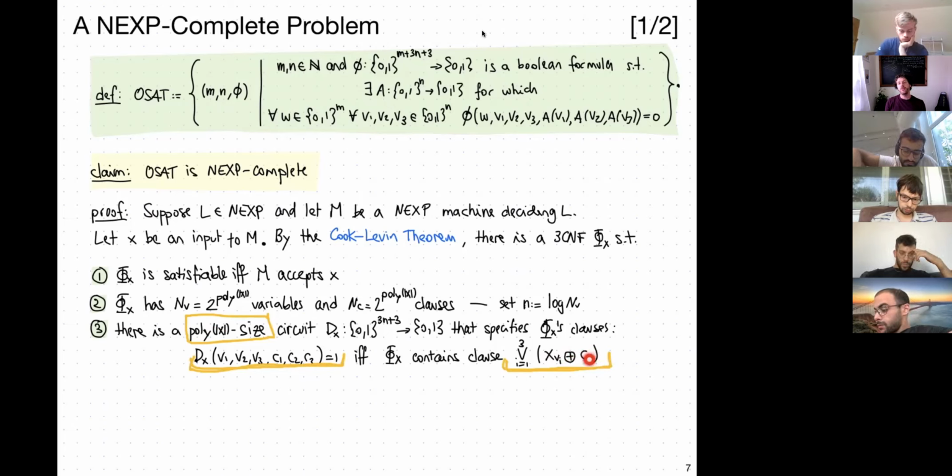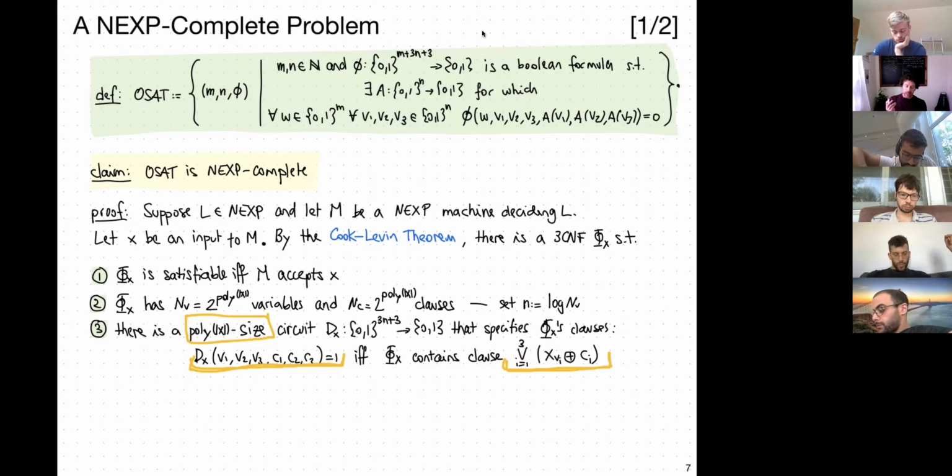If ci is 1, then this would mean not x, and if ci is 0, then the XOR would mean x. And so we're taking 3 variables. This is just a formal way of writing something like x1 or x2 or not x3, this kind of thing. So it's just specifying an instance of a 3SAT formula.